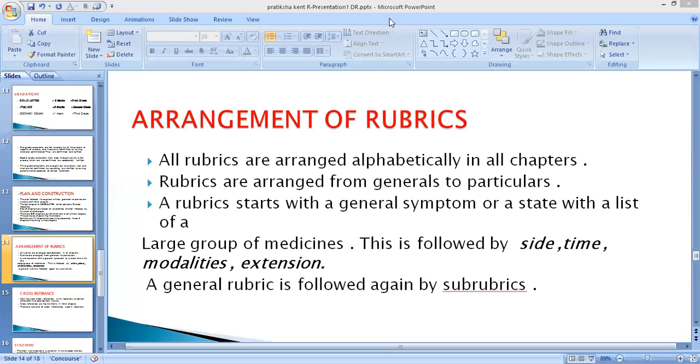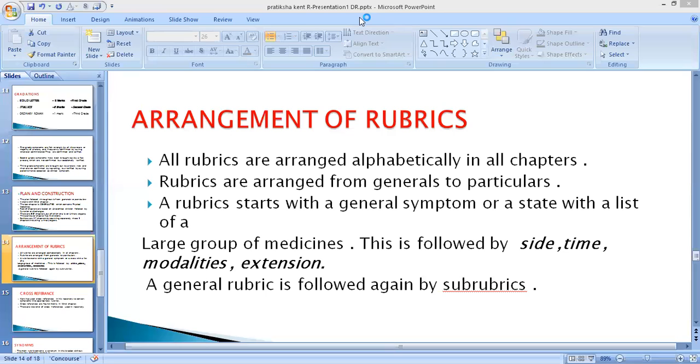For example, we are discussing head pain. So before, during, and after the pain in head, what are the aggravating or ameliorating factors? They are given under time in a proper, systematic way.